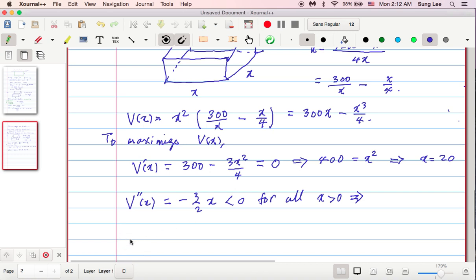So that means by the second derivative test, I'm not going to write it down, but V of 20 maximizes. Actually, in this case the question is just to find the maximum volume, not the dimensions, although the dimensions you can easily find. V of 20 equals 4,000 cubic centimeters.